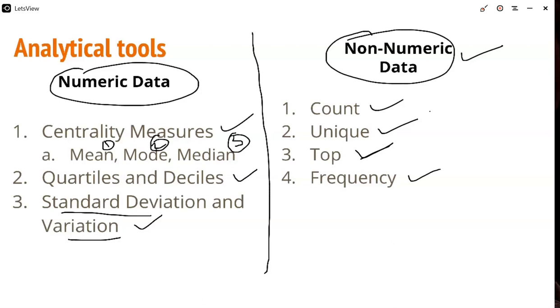These are the different types of attributes used to characterize non-numeric data, and these properties used to describe numeric and non-numeric data are quite useful to gain initial insight about the data set.